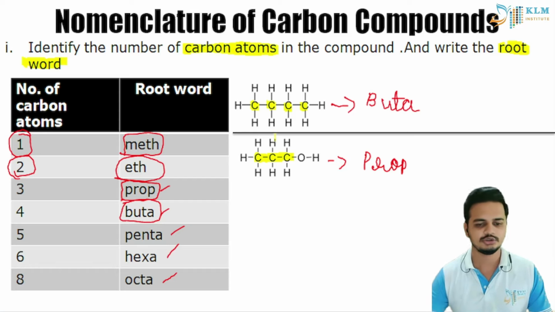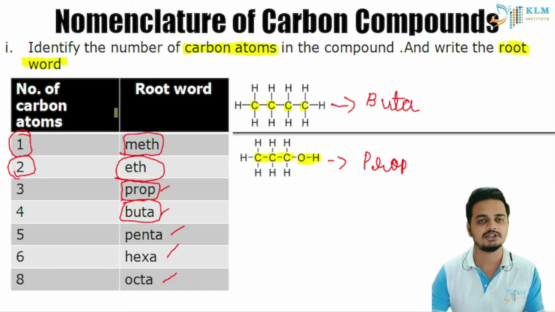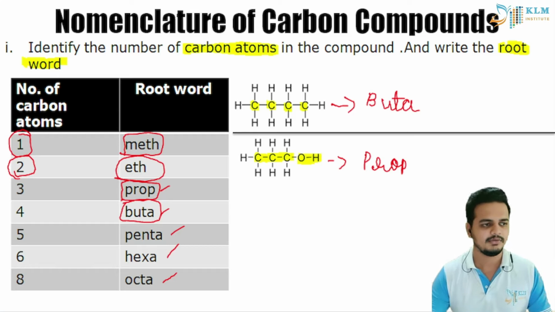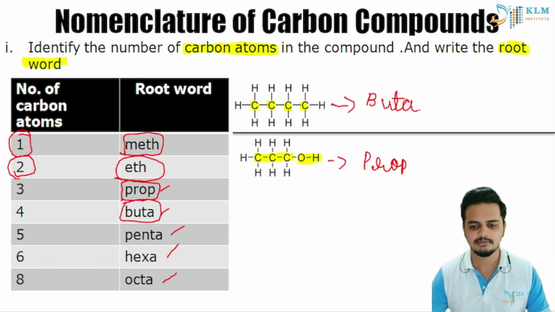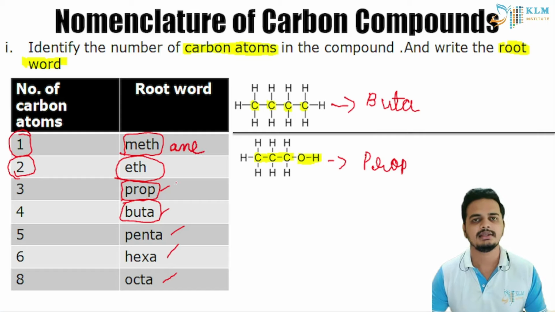By just telling the number of carbon atoms, you do not define a compound. You also should tell if there is an OH group here, and if there are any double bonds. Luckily, we don't have any double bonds. If there are no double bonds, we name the compound as butane, methane, ethane. So ANE is the suffix, or whatever the root word is, we add ANE to it.